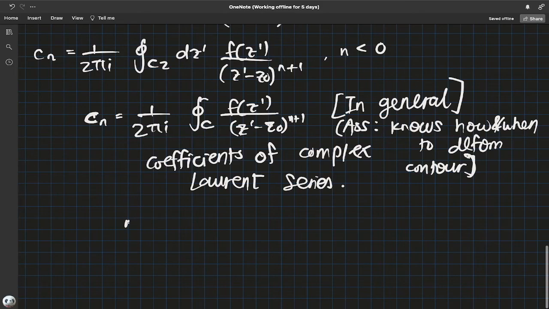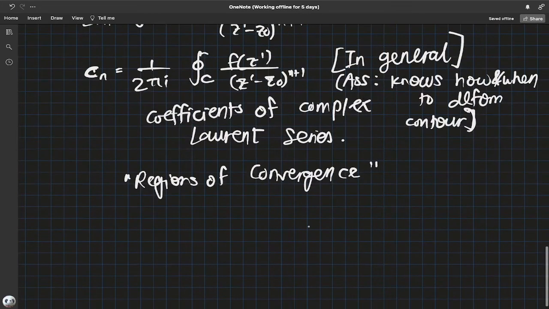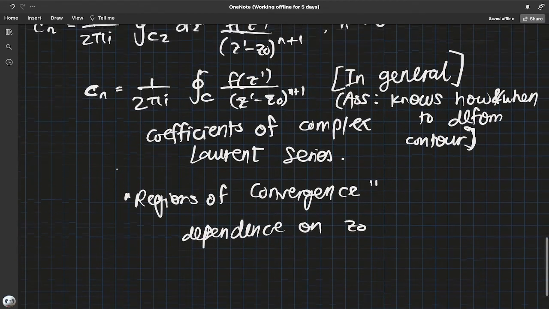So that's where we will actually think about the regions of convergence in the next video, and get an idea of the dependence on the point of expansion z naught. So we'll actually see and visualize these things first-hand.